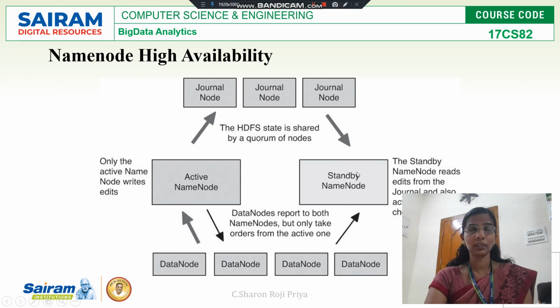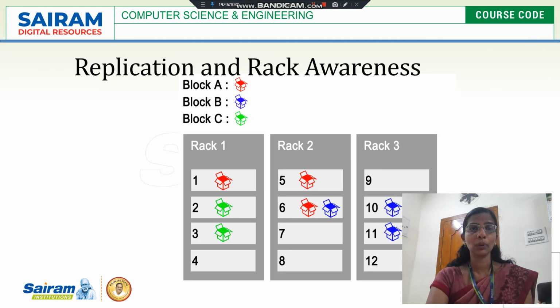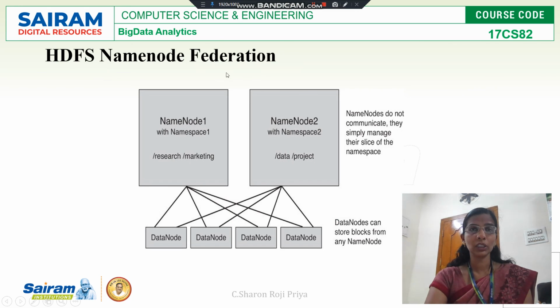There will be many standby nodes, but at a time only one active name node. But in name node federation, there will be more than one name node, and all the nodes will be active at a time and all function independently.